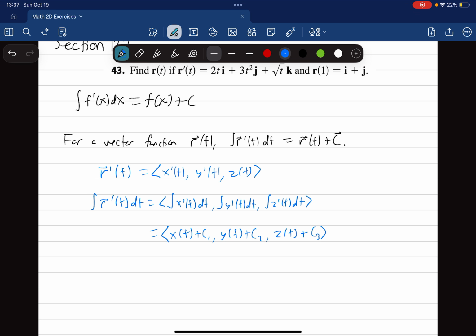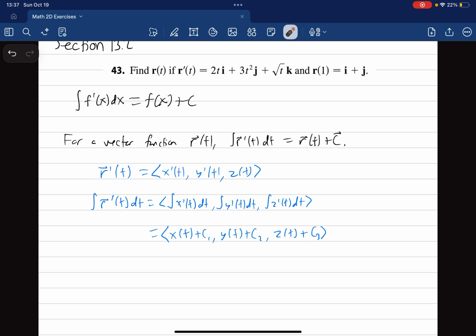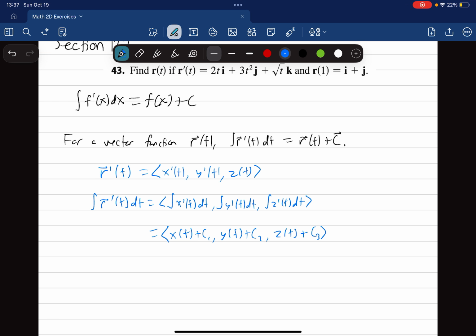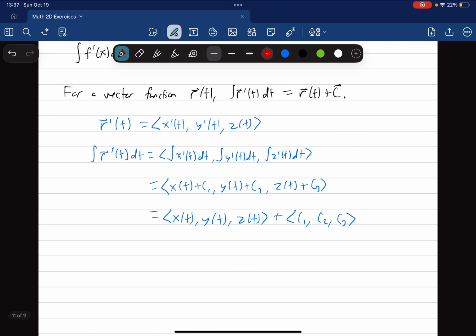Note that the constants c1, c2, and c3 do not need to be the same because we're integrating these functions separately. If we collect the parametric equations in one vector, and the constants in some other vector, we can rewrite this exactly in the form above. This is r of t, and this would be our constant vector c.